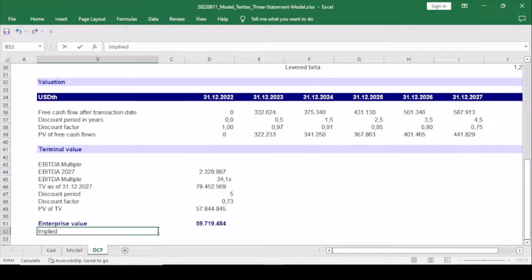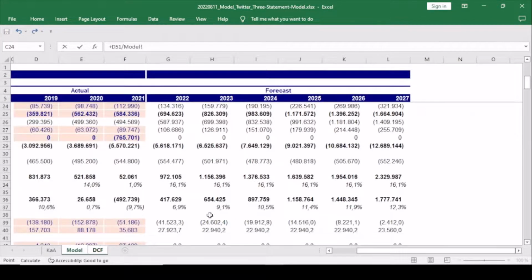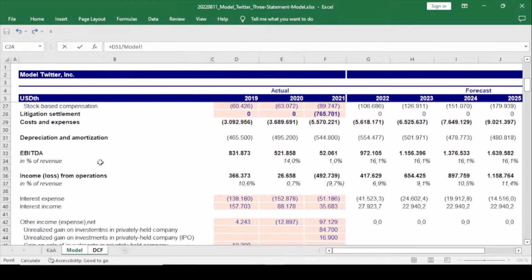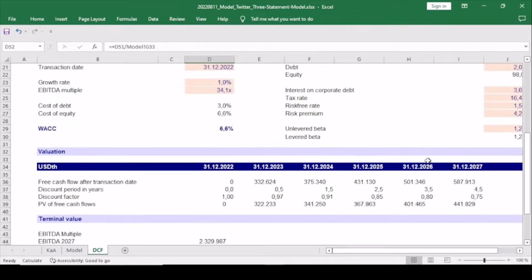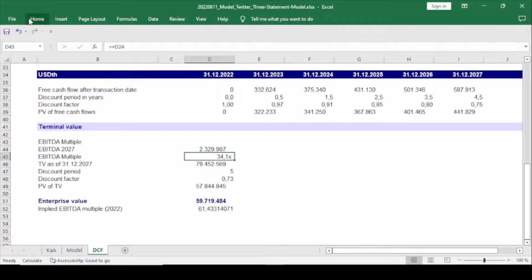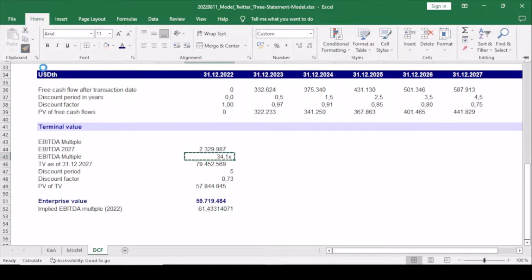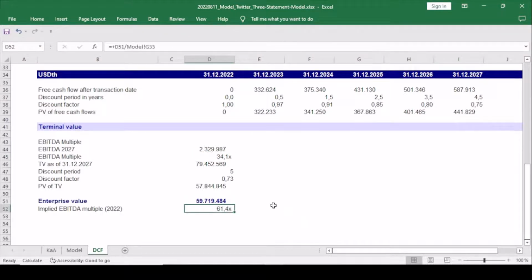We also calculate an implied EBITDA multiple utilizing the 2022 EBITDA, which in our case is roughly 1 billion, resulting in a multiple of above 60 times EBITDA.